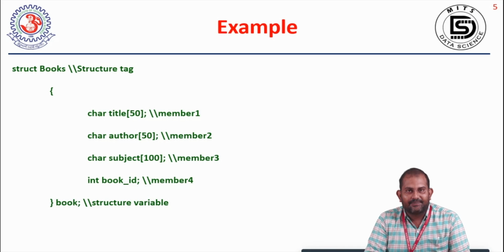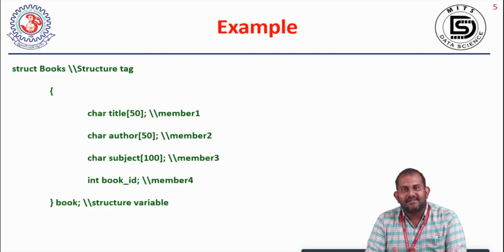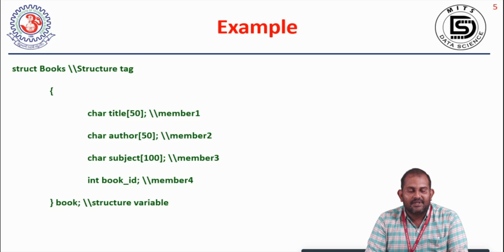Of course it is a character type, but the size of the array defines the size of the variable. That's why title carries 50 bytes, author carries 50 bytes, and subject carries 100 bytes. Coming to the integer variable, here we are using unsigned int, so the memory will take 4 bytes for the book ID. So in total we have 50 plus 50 plus 100 plus 4, 204.